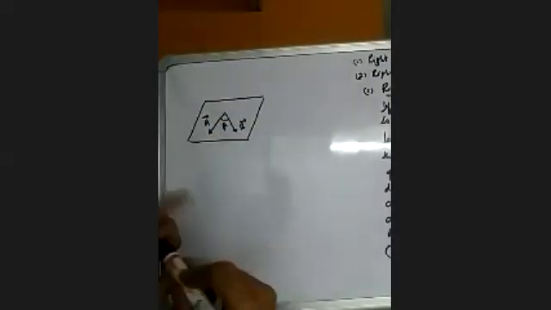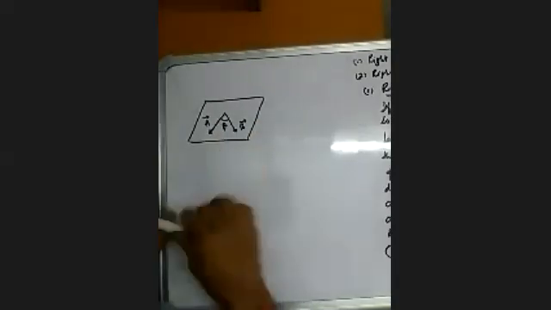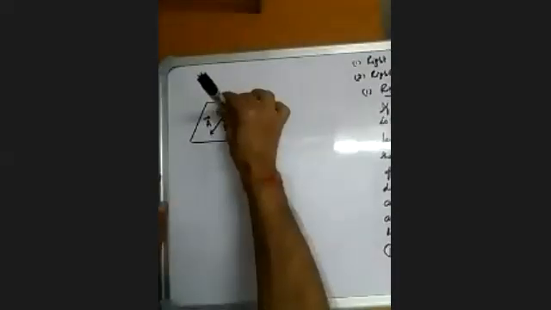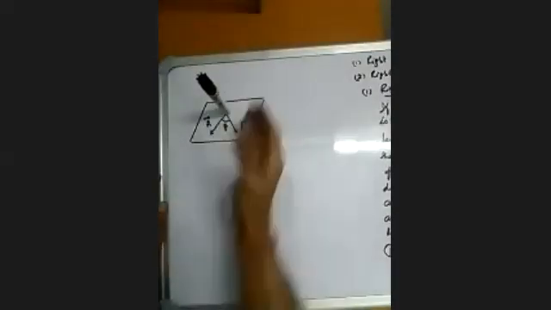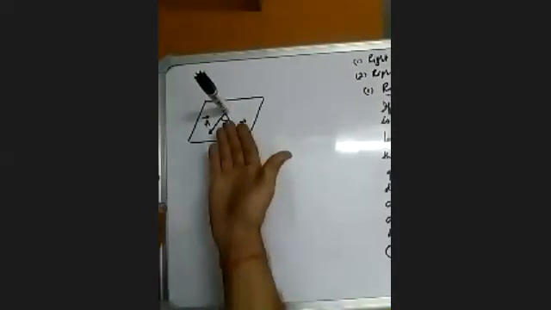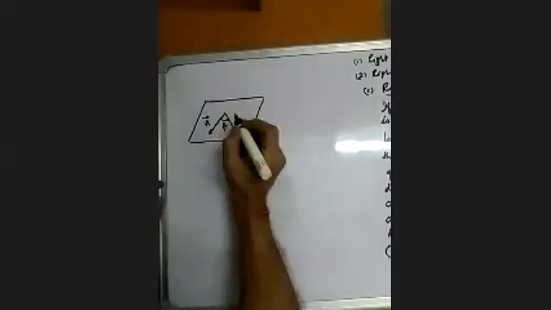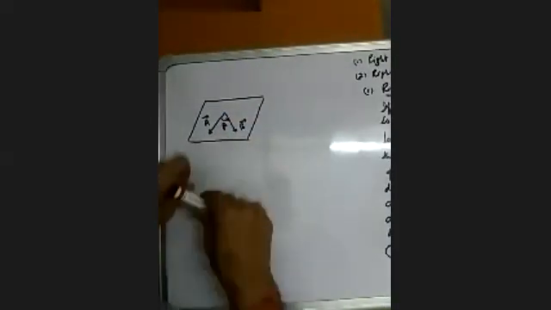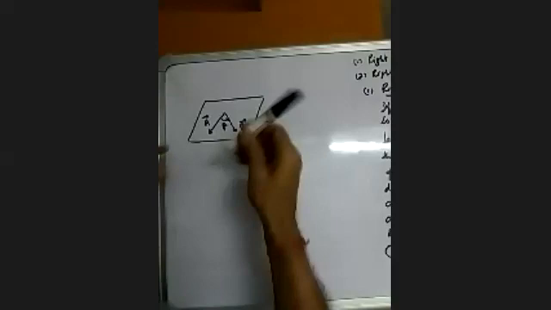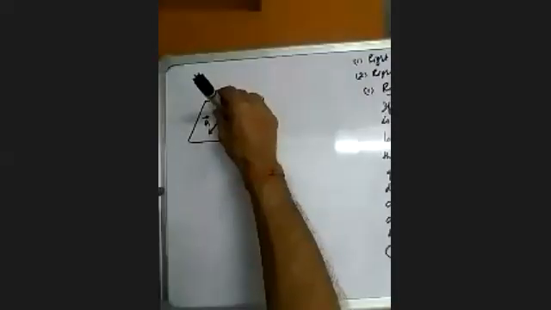So one thing we must remember, if this is in the plane of the board, the direction of vector C will be perpendicular to the plane containing the two. It may be in the upward direction, it may be in the downward direction. So now we have to place a screw like this. This is the cap of the screw. We place it here, and we are trying to find out A cross B.